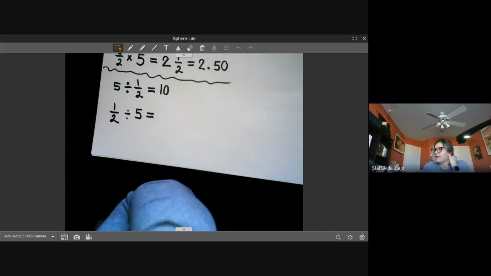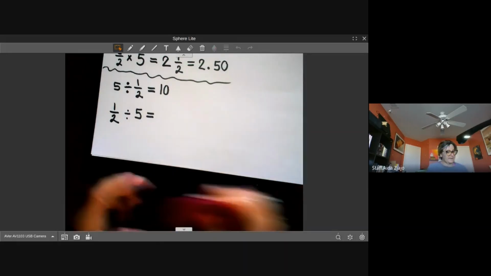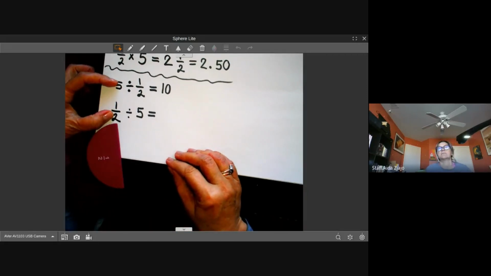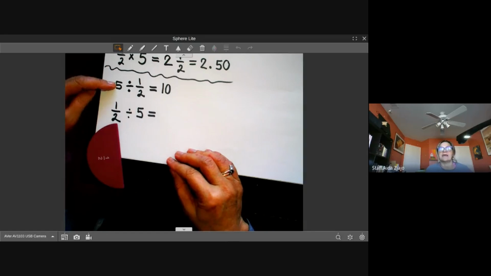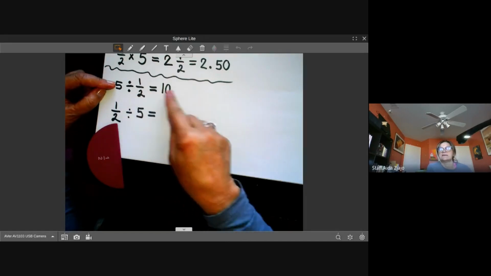If I have Lanesha, and Lanesha has only what? In division, the first number is the greatest number or greatest group that you have. In this case, Vanessa had 5 wholes and divided them into smaller pieces. She got 10 smaller pieces.